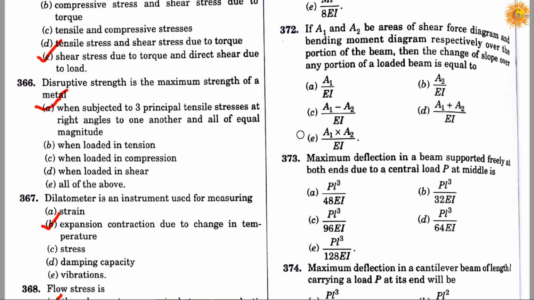Correct answer is E. It will be A1 into A2 divided by EI.